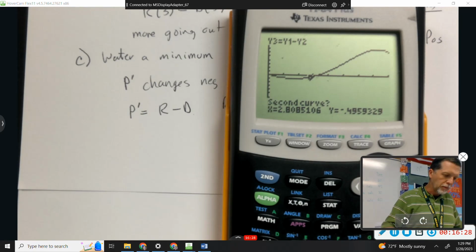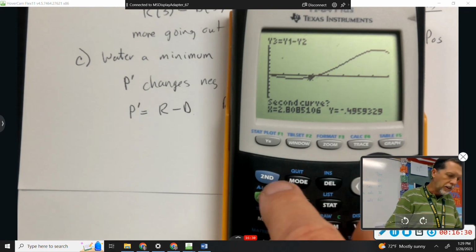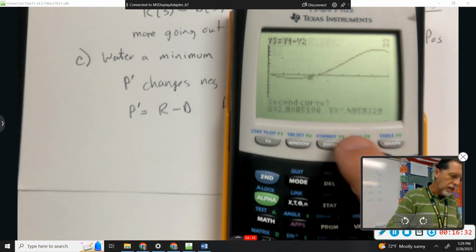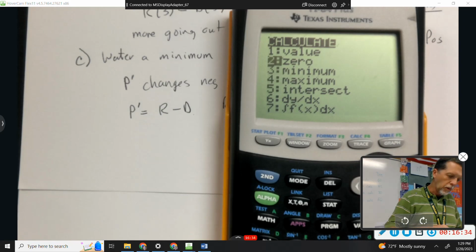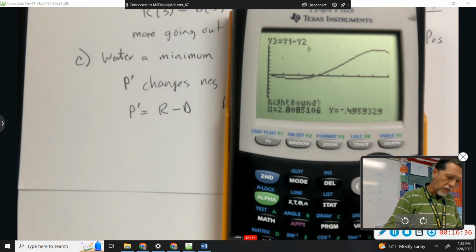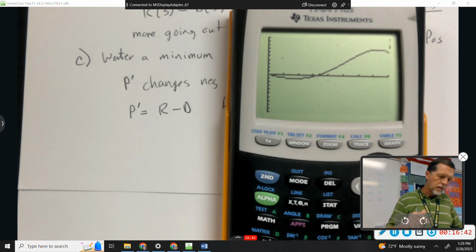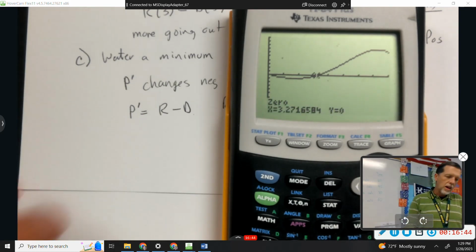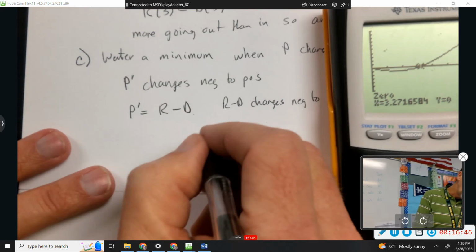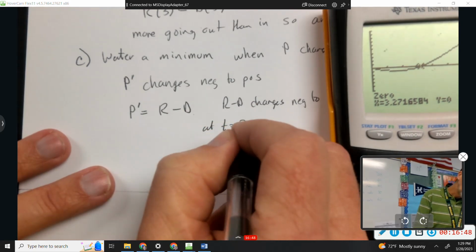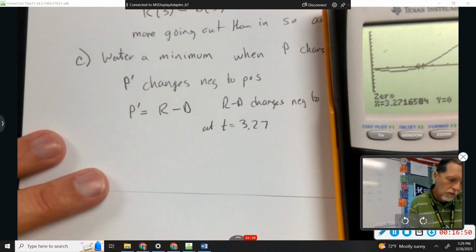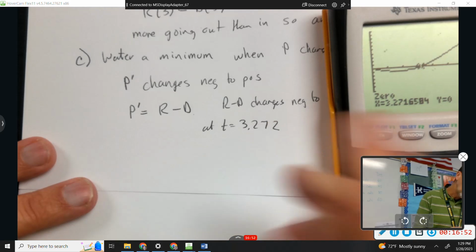There's only one curve I'm looking at. Oh, I didn't want intersection. That's why I messed that up. Second calc, zero. Left bound 0. Right bound. Guess. So at time equals 3.272 hours.